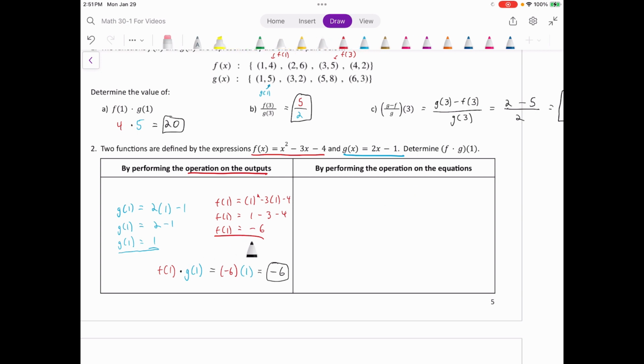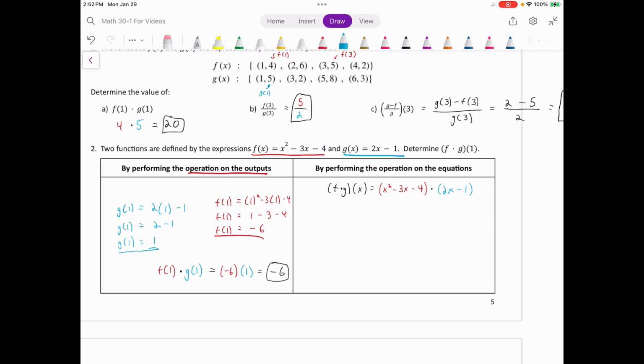Just to show that we still get the same result, we want to do f times g of x. So let's figure that out. F times g of x is going to equal f of x times g of x. Well, f of x is x squared minus 3x minus 4, and g of x is 2x minus 1.